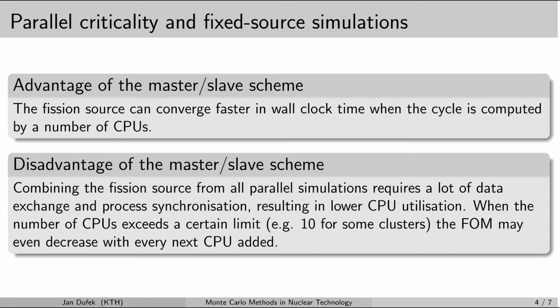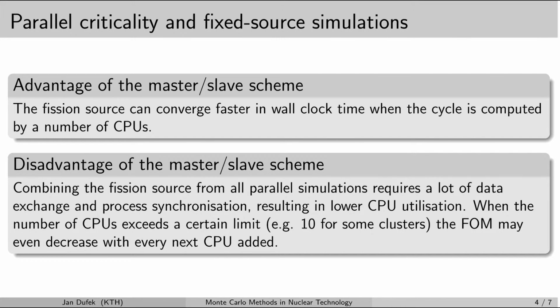So it may happen that some of the processors will be finished quite quickly with the simulation of the assigned number of neutron histories, while some other processors may take a considerably longer time. So the master process has to wait till the last processor is finished with the simulation of the assigned neutron histories. So during this time, all those processors that were finished first have to wait till the last one is finished.